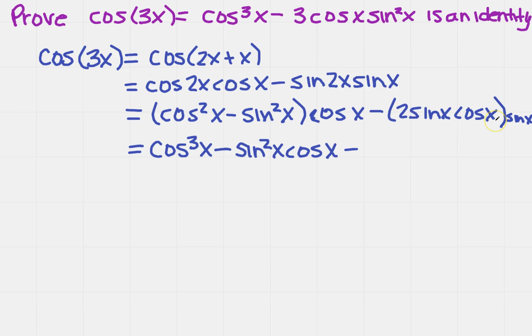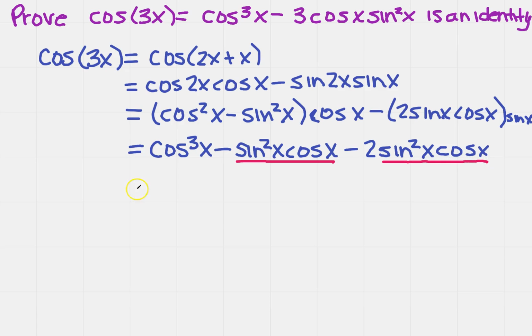So over here on the right then, what do I get? Well, I get minus 2 sine squared x cosine x. So far so good, right? Well, what do you know about this? I look at the second two terms, I notice that they are the same, correct? Because I've got sine squared x cosine x, and I've got sine squared x cosine x.